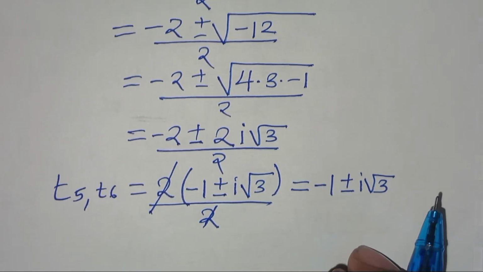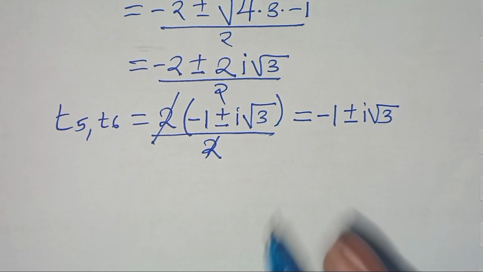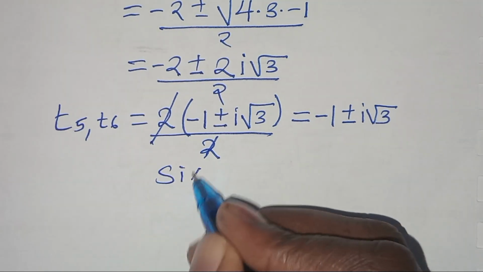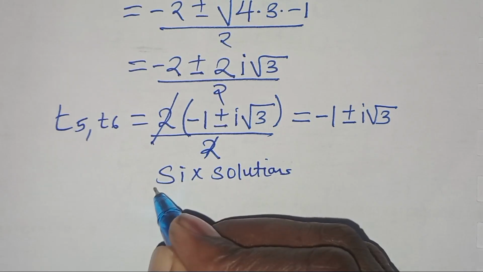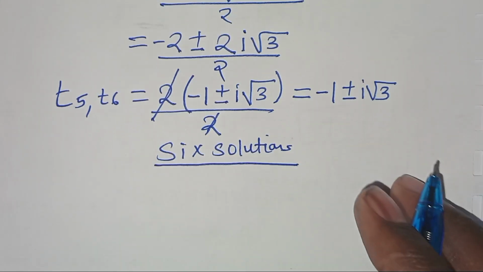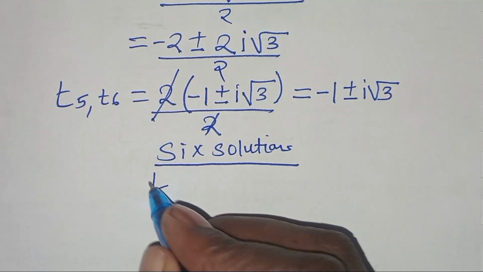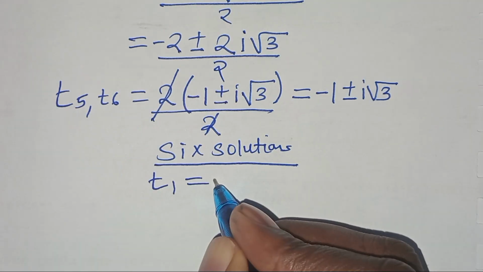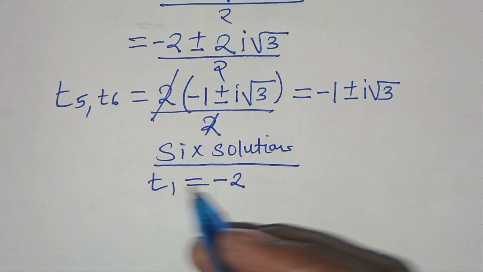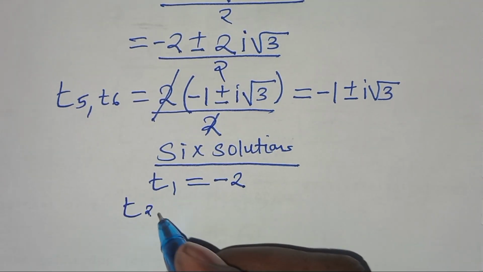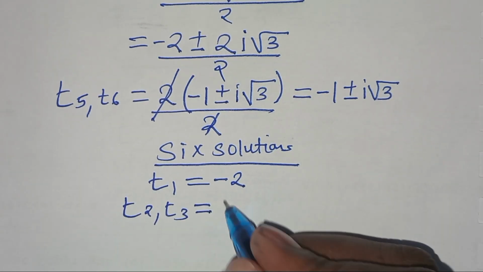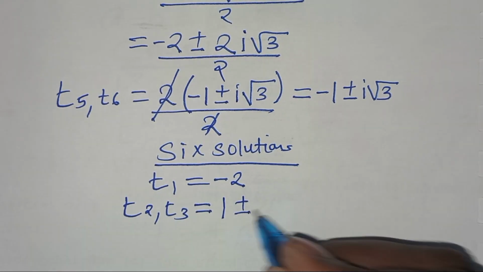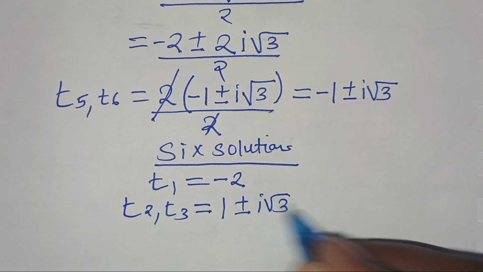So this implies that we have 6 solutions to this exponential problem. That is t1 is equal to negative 2. We have that t2 comma t3 is equal to 1 plus or minus i square root of 3.